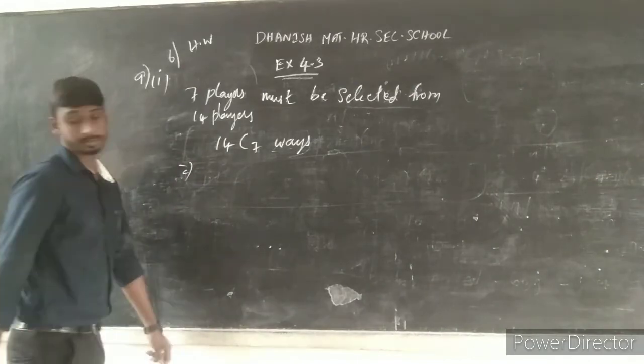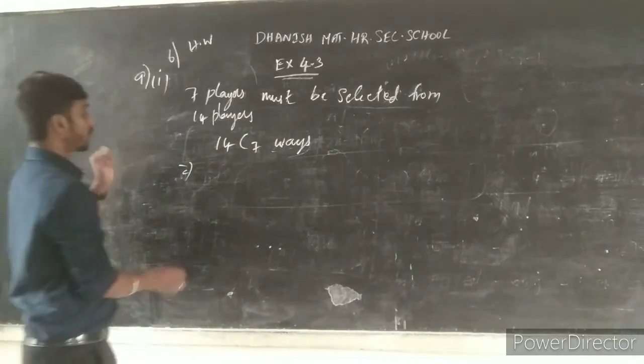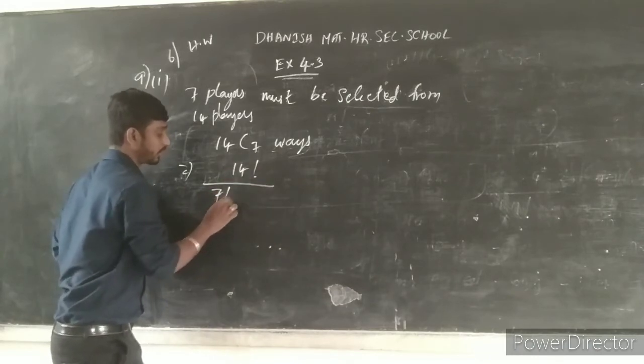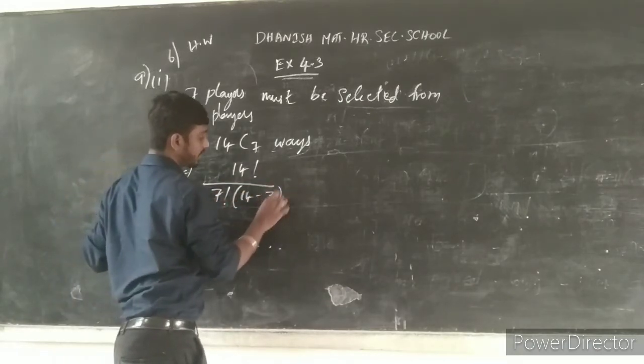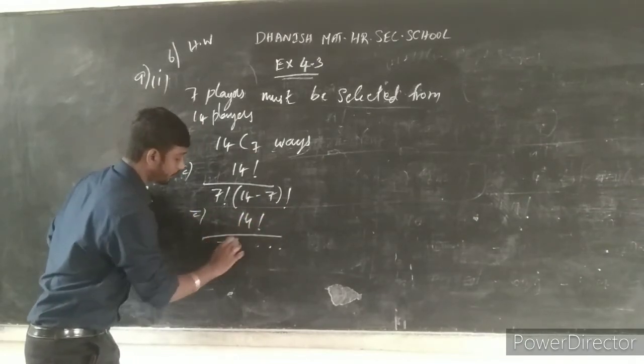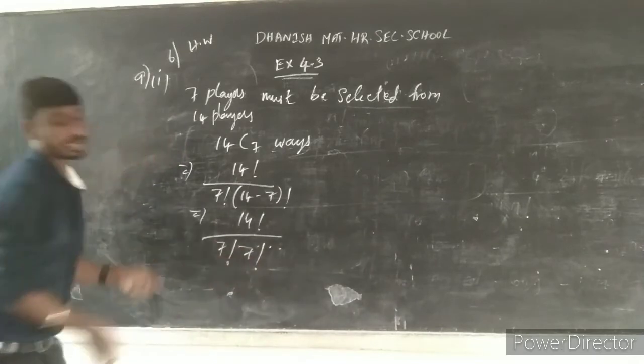What is the formula for combination? That will be 14 factorial divided by 7 factorial into 14 minus 7 factorial, which gives 14 factorial divided by 7 factorial into 7 factorial.